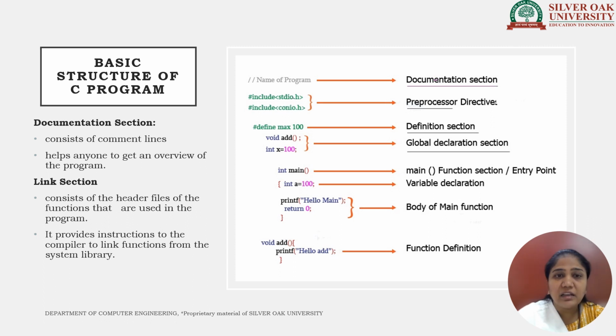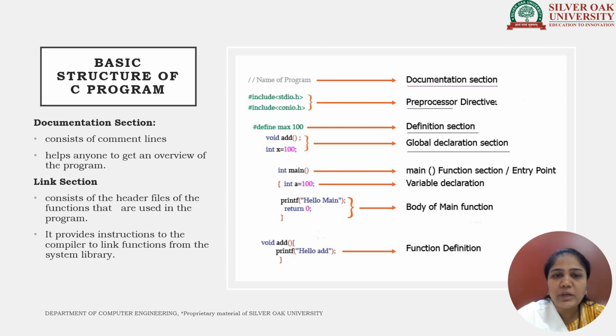We have seen in the features of C that it has a rich library of inbuilt functions. Those inbuilt functions are written in header files. So if we want to use a particular inbuilt function, we need to link that header file with our current code. In the link section, we are simply linking the code written inside that header file into our current code, so that we can use the function.